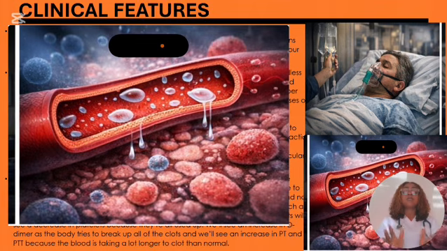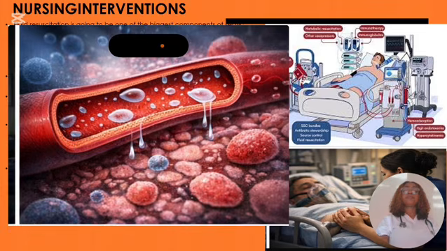This can result in widespread bleeding, such as oozing from the IV insertion sites and places like the nose or the gums, and these clients will see a decrease in platelets because they are all used up. We'll see an increase in D-dimer as the body tries to break up all the clots, and we'll see an increase in PT and PTT because the blood is taking a longer time to clot than normal.